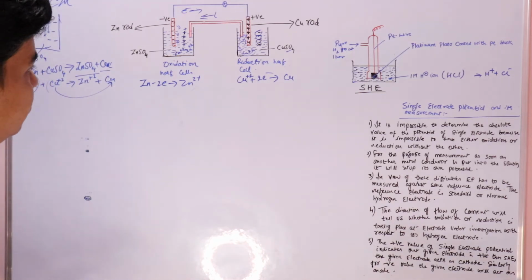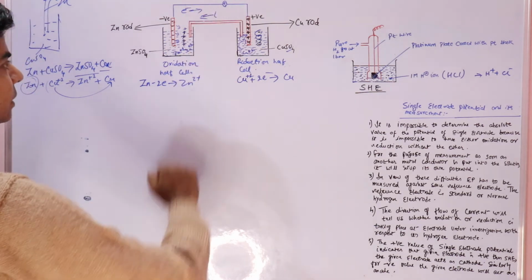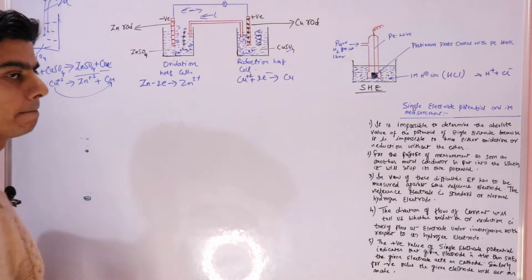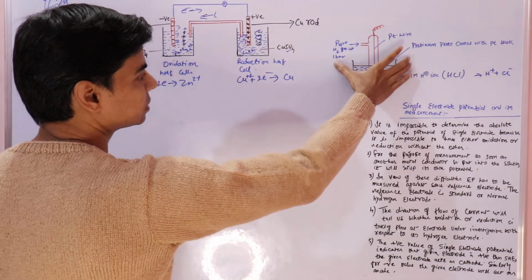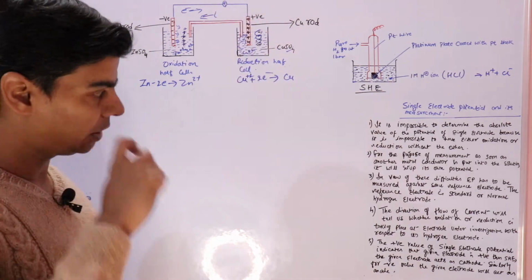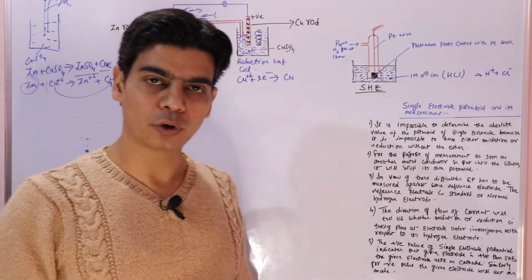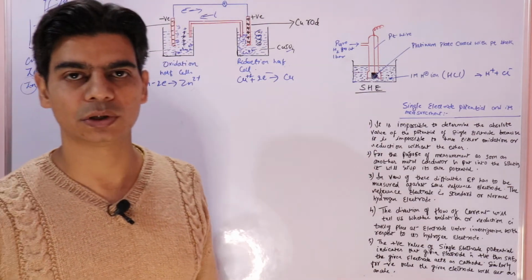Now if we want to calculate the standard electrode potential of, say, the zinc electrode, what we do is we couple this standard hydrogen electrode with the zinc electrode. And we will find the EMF of the cell that is formed by coupling the zinc electrode with the standard hydrogen electrode.